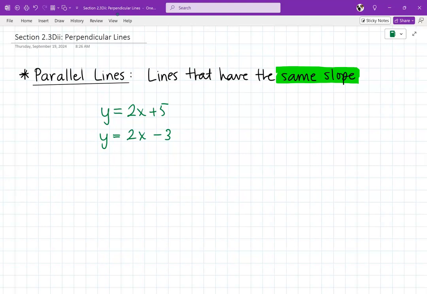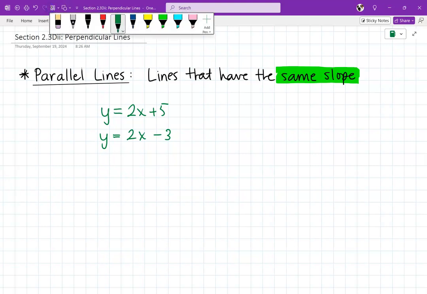That just means the lines are higher or lower than each other, but they still have the same slope. They can move up and down, it doesn't matter, they're still parallel. The b value, the y-intercept, does not have to match. The only thing that has to match is the slope.